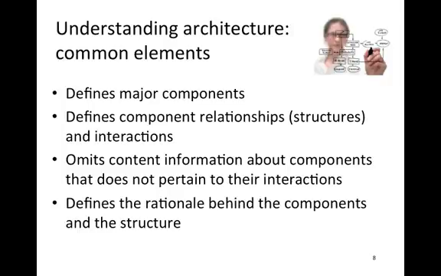The relationships and interaction between different components that we have. Again, this is about trying to remove some of the details to make it clear to people. We only want the details that pertain to the interaction between the components.